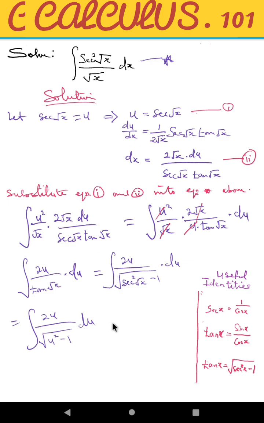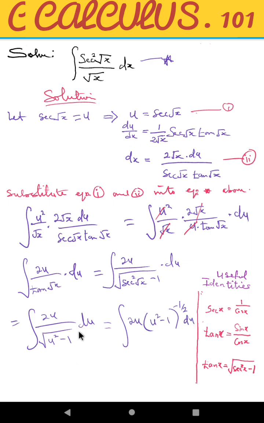Can you see that? I think we are almost done with this. Everything now is in the right form. We can now write this one in indices form as 2u into u squared minus 1 raised to the power of minus half, and then we'll put our du.